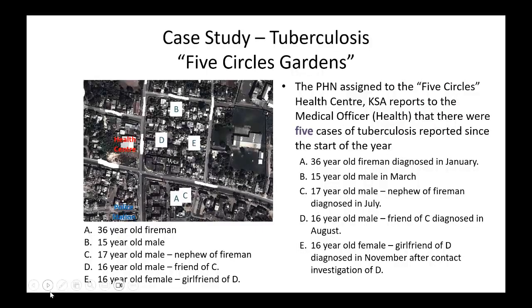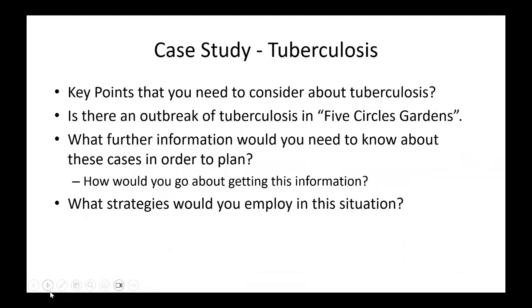A 36-year-old fireman diagnosed in January, a 15-year-old male in March, a 17-year-old male nephew of the fireman diagnosed in July, a 16-year-old male friend of C, and in August, a 16-year-old female girlfriend of D diagnosed in November after contact investigation of E.